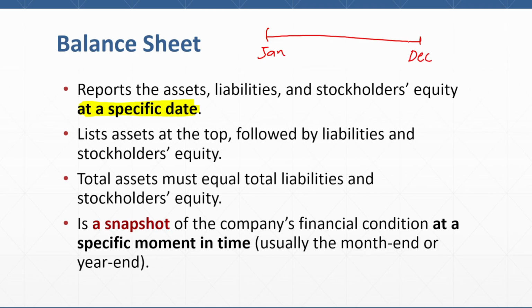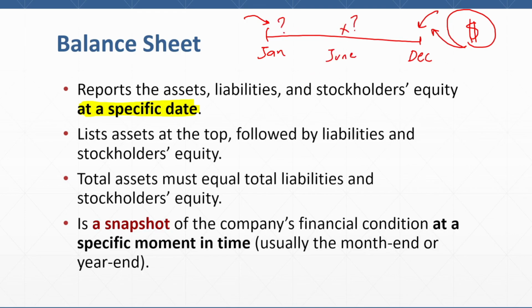If balance sheet is prepared at the end of the year, all the data shows the ending balance at the end of the year. Those balances could be more or less than January's balances or June balances. We don't know.